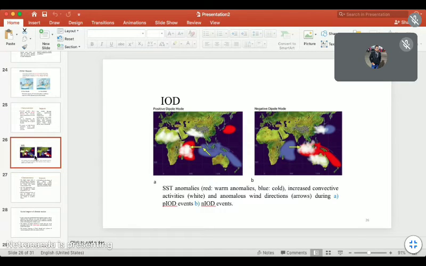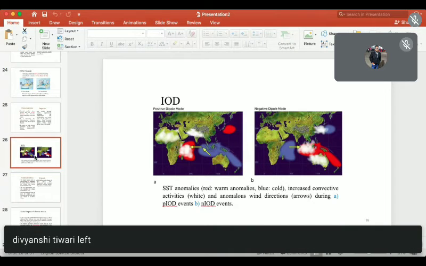When the Madagascar side sea surface temperature is very cold, cooling, and the Indonesia to Australia side is warming, that means the current movement changes, from the African side towards the eastern Australia side or Indonesia side.